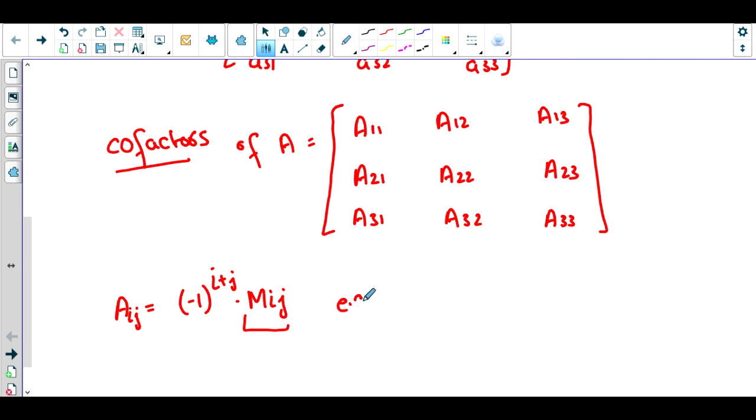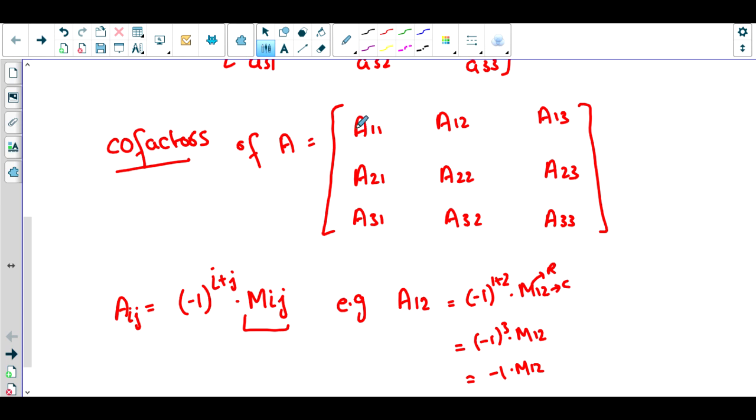For example, to find C12, we replace i with 1 and j with 2 and get (-1) power 1 plus 2 into M12, which is (-1) cubed into M12, so -1 into M12. When we want to find M12, it means the minor of the element with the first row and second column removed, because the first number represents the row and the second number represents the column.